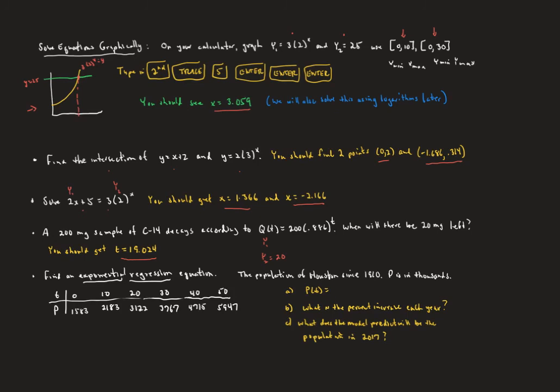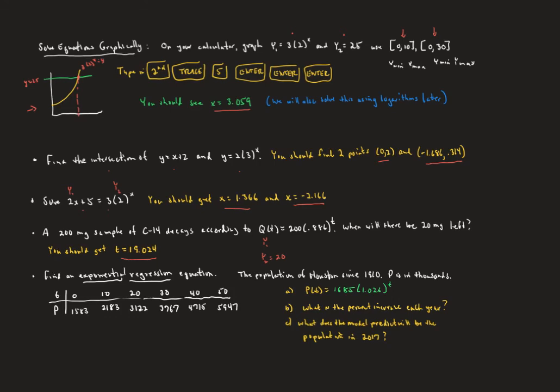So if you did all of this right, we should be getting that our P of T is going to be 1,685 times 1.026 raised to the T power. The second question is, what is the percent increase?